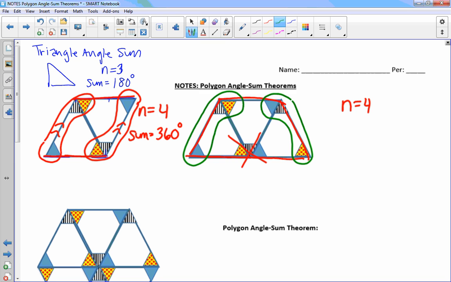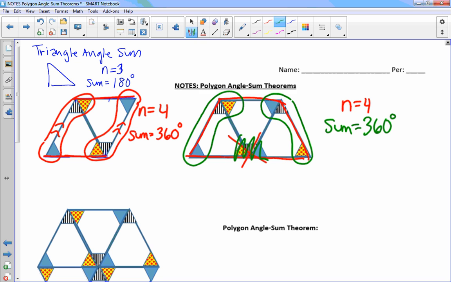No, because we don't count these ones on the bottom because they're not actually on the corner. So if we have 2 groups, and each group sums to 180 degrees, what's the sum of the interior angles of the trapezoid, which is also a 4-sided polygon? Also 360 degrees. So even when we change the polygon, because it's 4-sided, another word for 4-sided is a quadrilateral, it still sums to 360 degrees.